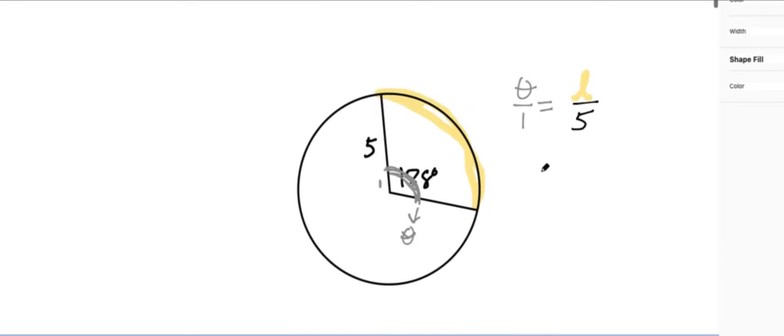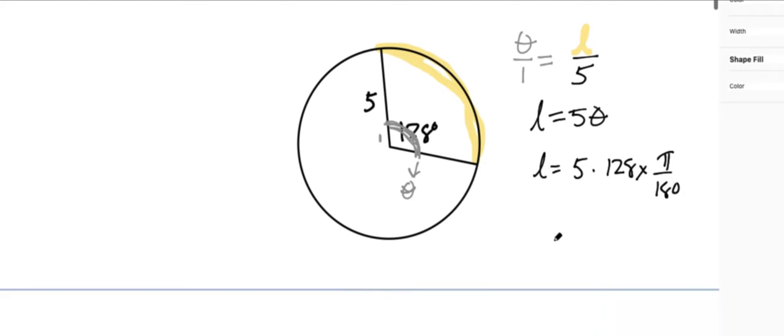So if I'm going to solve for L, I'm going to cross multiply, and I realize that L is equal to 5 times theta. And this theta, again, should be in radians. I only have it in degrees, so I need to change that. So that length is equal to 5 times 128 degrees, changing it to radians, times pi over 180.